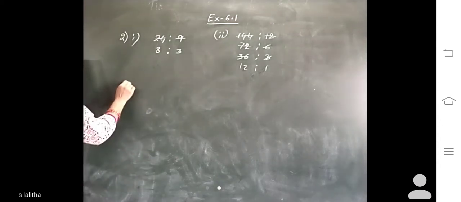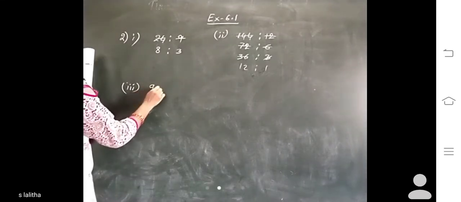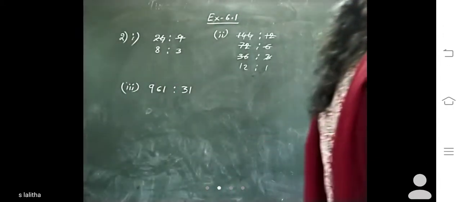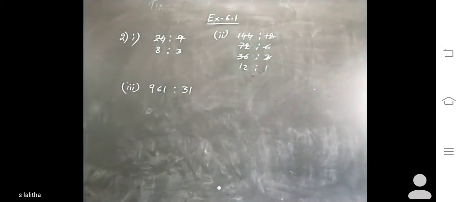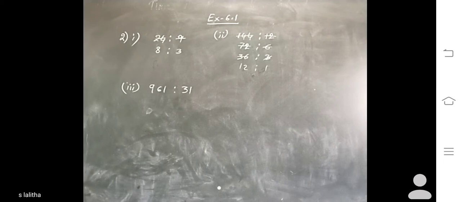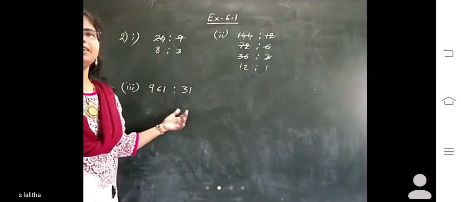Next, third one, 961 is to 31. Third one is 961 is to 31.